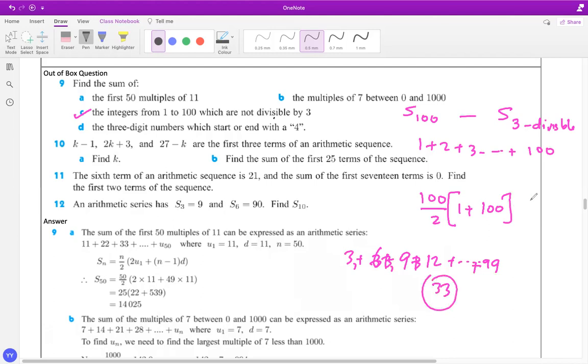So you do 33 upon 2, first term is 3 and last term is 99. If you find this answer, you subtract it from the sum of all the terms. The sum of all the terms minus the sum of the numbers divisible by 3 gives you the sum of the numbers that are not divisible by 3.